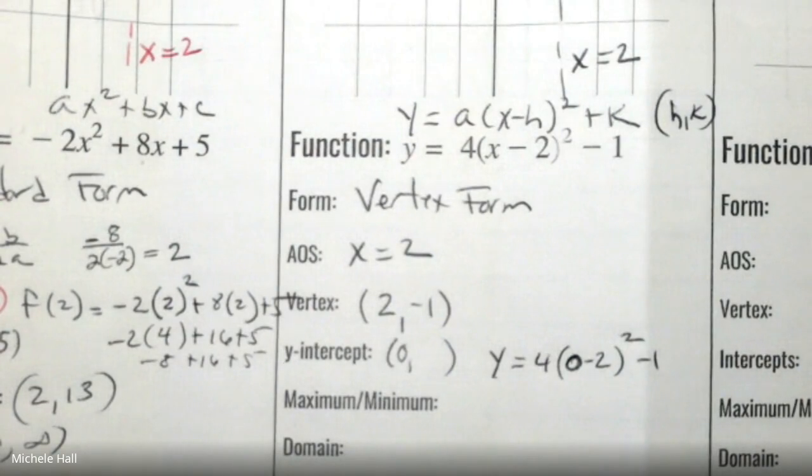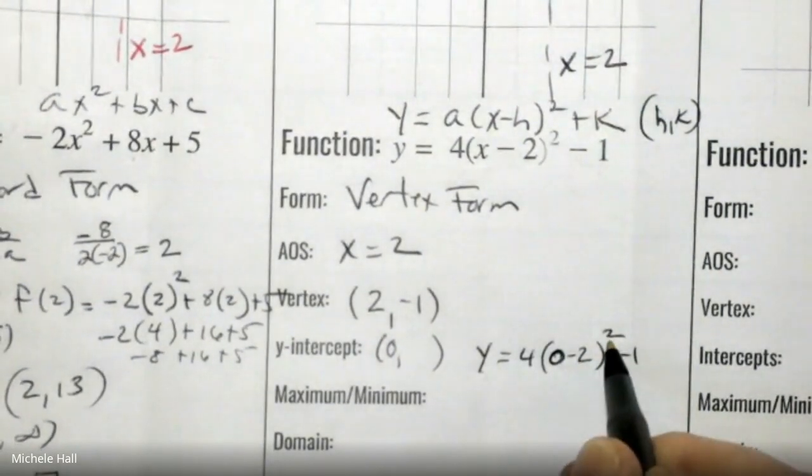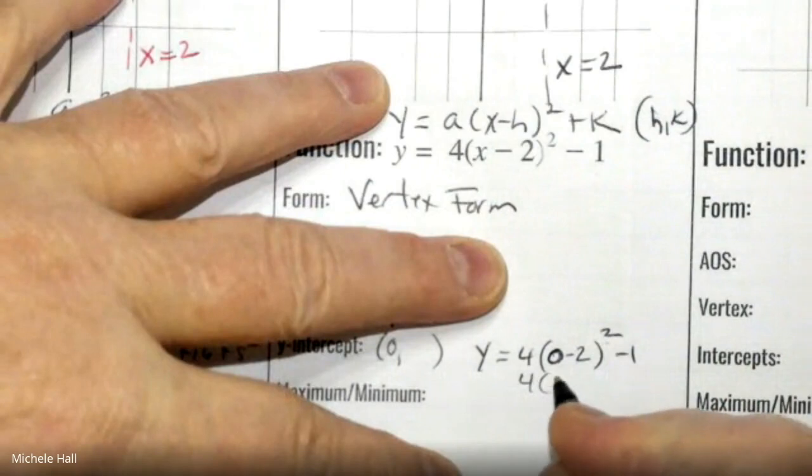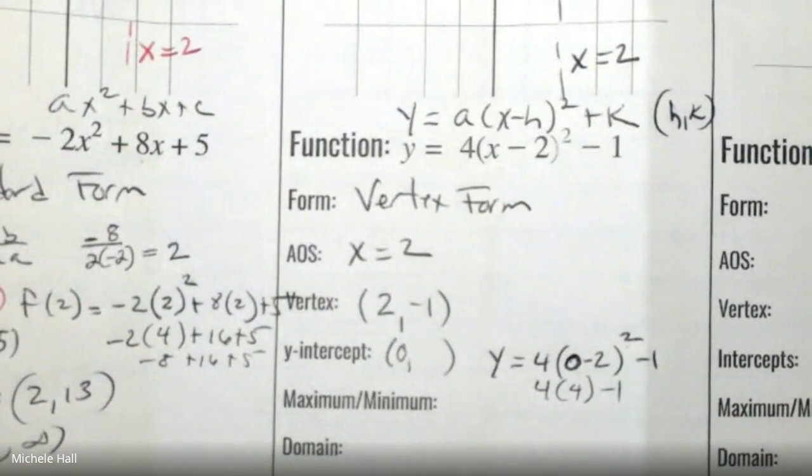PEMDAS says starting with parentheses, 0 minus 2 is -2. I don't have to show every step. This is Honors Algebra 2 after all. -2 squared is 4. So I have 4 times 4 minus 1. 16 minus 1 is 15.